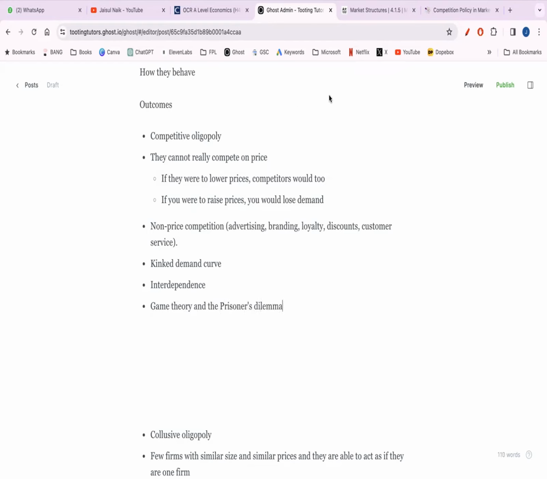The prisoner's dilemma is a situation where two people are caught for a potential crime, and the idea is that they can either confess or remain silent.